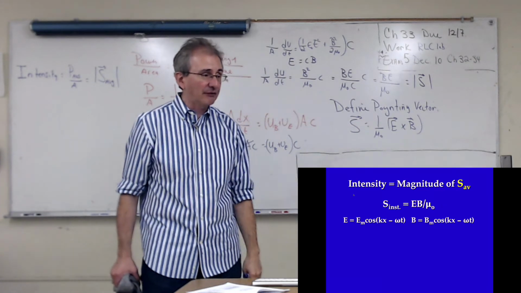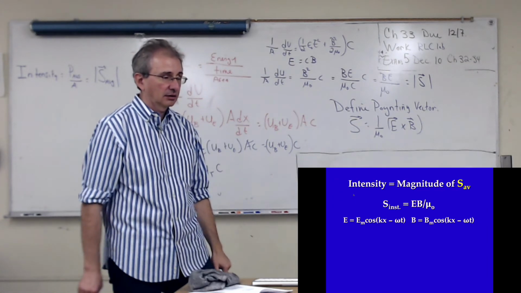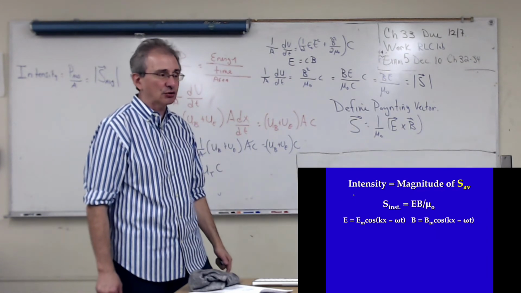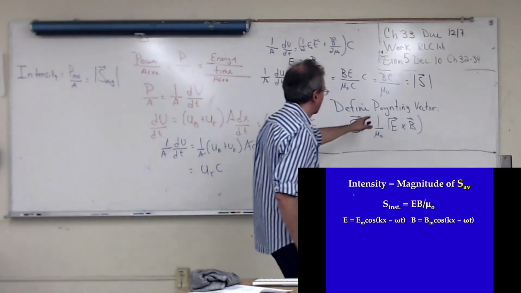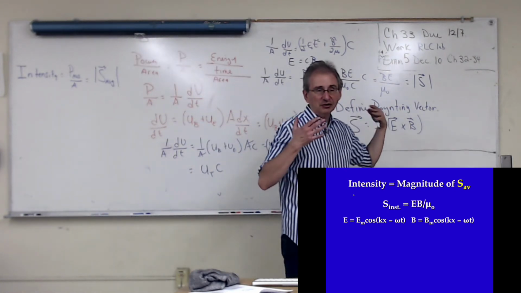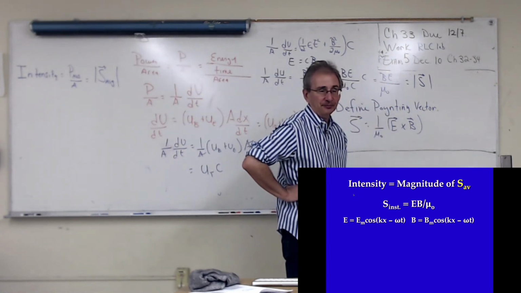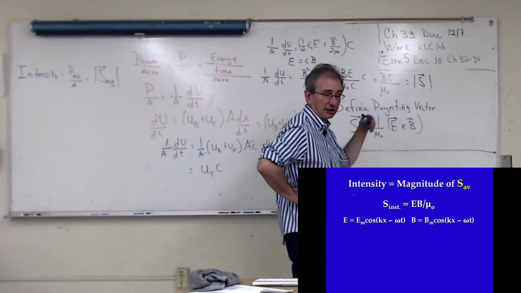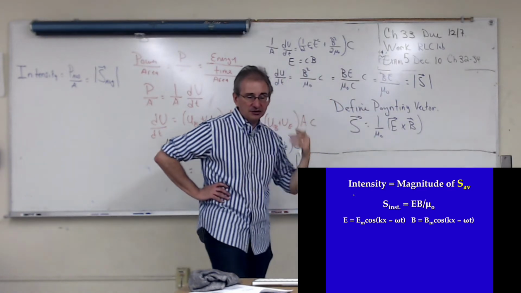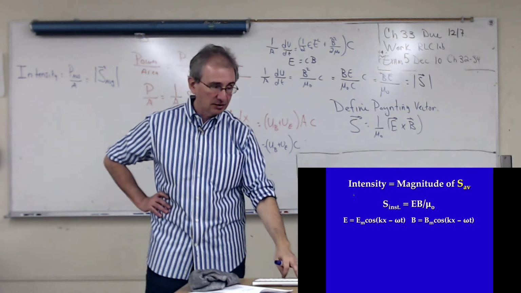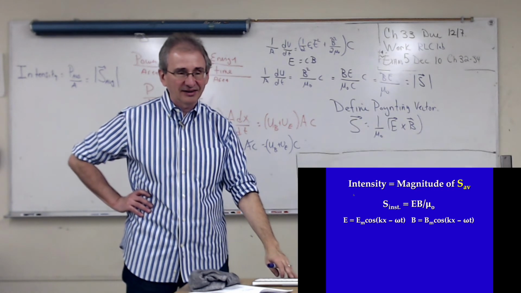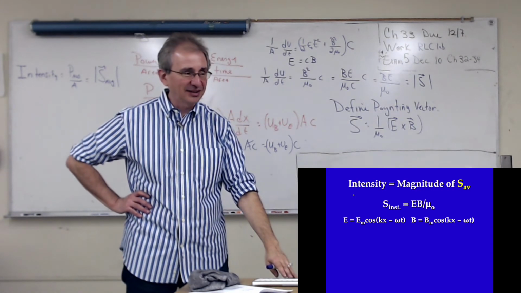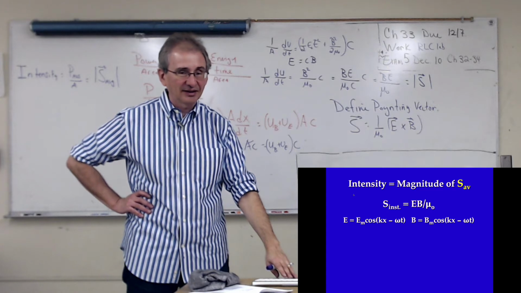If I take the average of that, I'm going to end up taking the average of cosine squared because we're assuming sinusoidally varying waves. This will have a cosine term, so I'm going to get a cosine squared. What's the average of cosine squared over a cycle? We did that last week. It's a half.